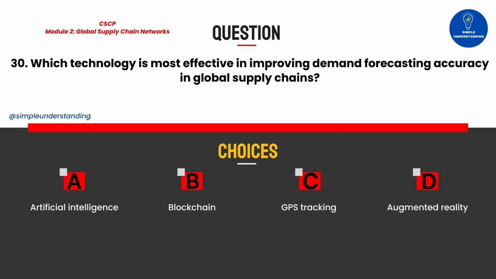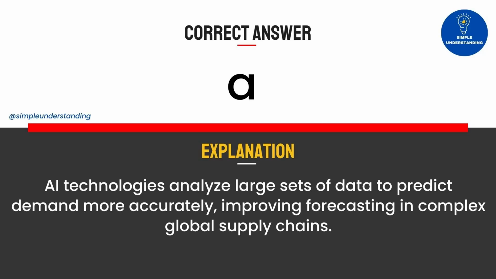Correct answer: A. Explanation: AI technologies analyze large sets of data to predict demand more accurately, improving forecasting in complex global supply chains. This completes the full set of 30 MCQs designed to test a deeper understanding of global supply chain networks, including challenges, strategies, and technologies that influence their effectiveness.